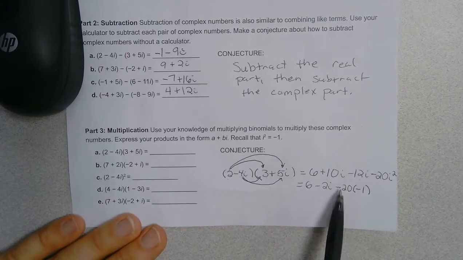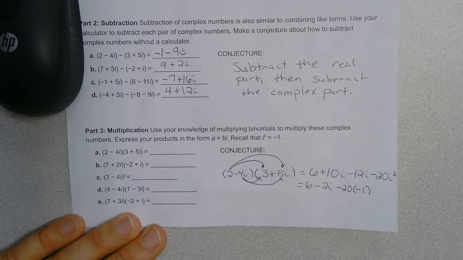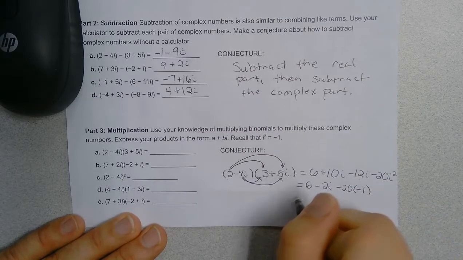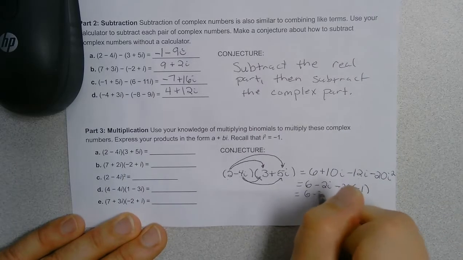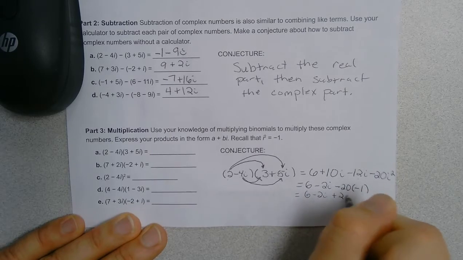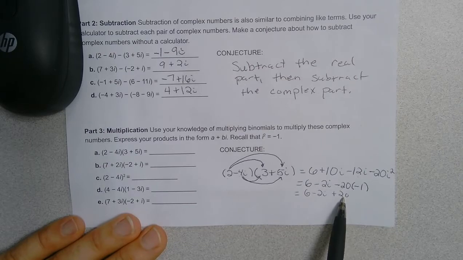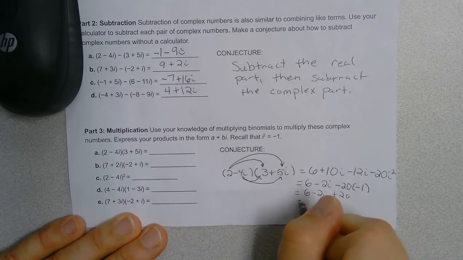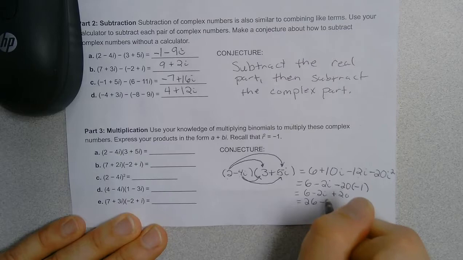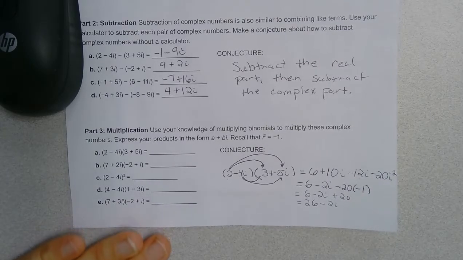So in looking at the overall effect, this is going to be plus 20. So this turns into 6 minus 2i plus 20. And then finally, we would combine our 6 and the 20 to make this 26 minus 2i.